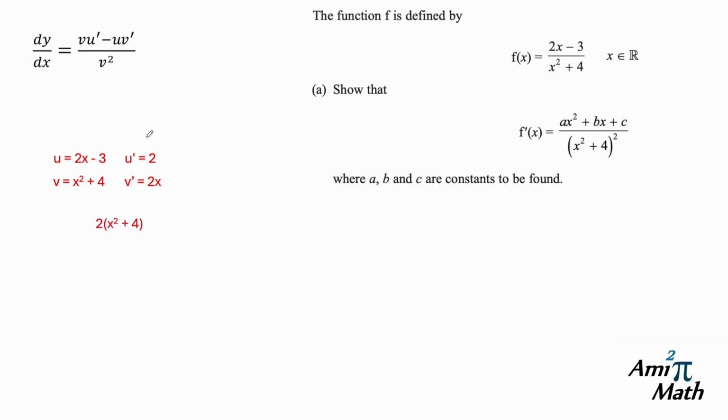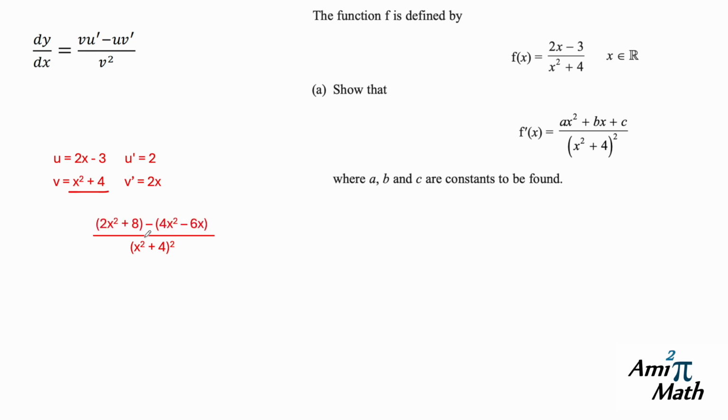So v is x squared plus 4 and u differentiated is 2, so you multiply them, and then you subtract u multiplied by v differentiated, and then we do this over v squared.